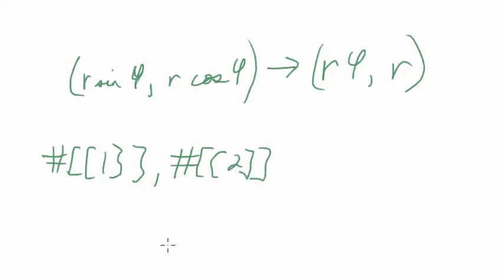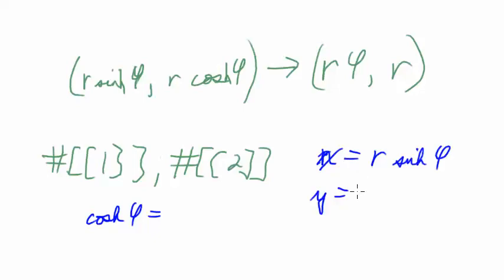And so cosh phi is going to be, let me think for a second, x equals r sinh phi and y equals r cosh phi, and y squared minus x squared is r squared, right?